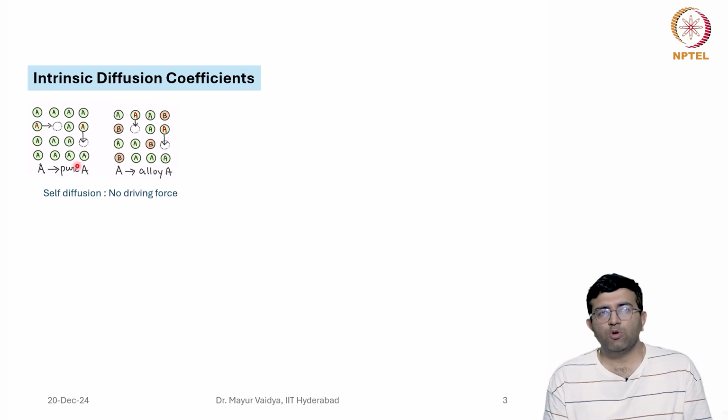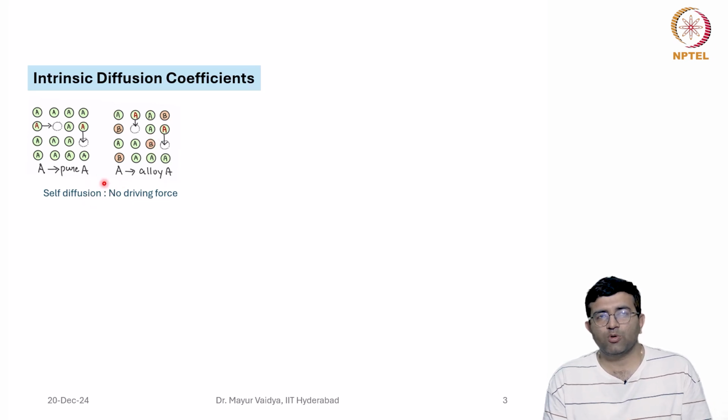So, the diffusion coefficient of A in pure A, or the diffusion coefficient of A in the alloy of A, is what is known as the self diffusion. It has no particular driving force as such, and this is purely based on the random motion.